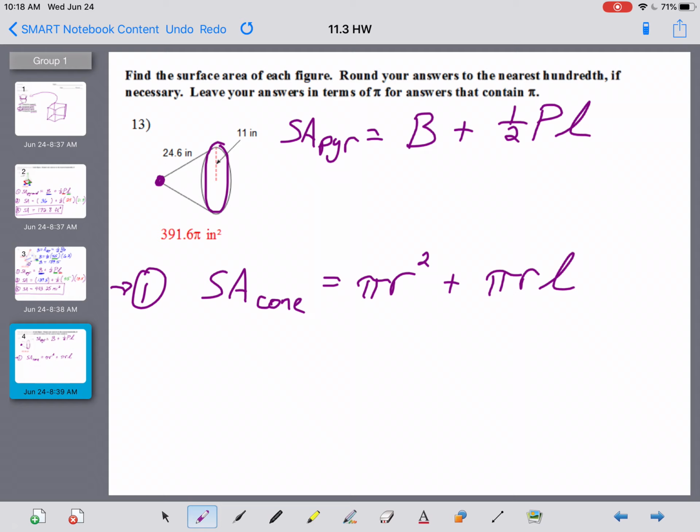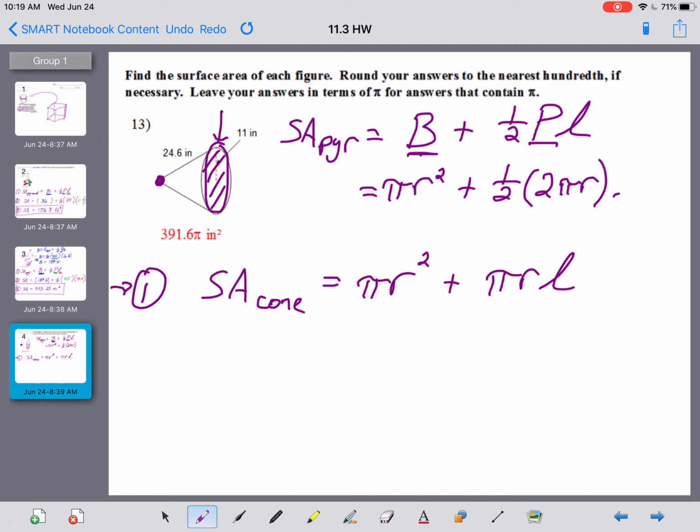Here's the reason why. Capital B means area of the base in a pyramid. Well, in a cone, that base is always a circle, and the area of a circle is simply going to be pi times your radius squared, plus 1/2 times capital P, which means perimeter of that base. But there's really no such thing as perimeter of a circle. We use the word circumference instead. And the formula for circumference is 2 times pi times the radius.